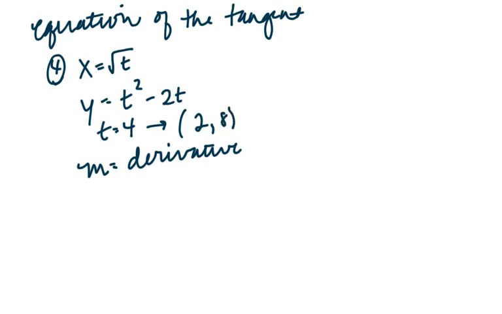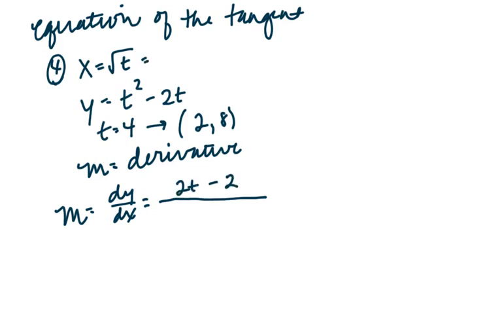So then we find the derivative. The slope is dy over dx. And in parametrics, the derivative of y is the dy over dx. The numerator is the derivative of y with respect to t. So we have 2t minus 2. And in the bottom, we have the derivative of the square root of t. That's t to the 1/2.